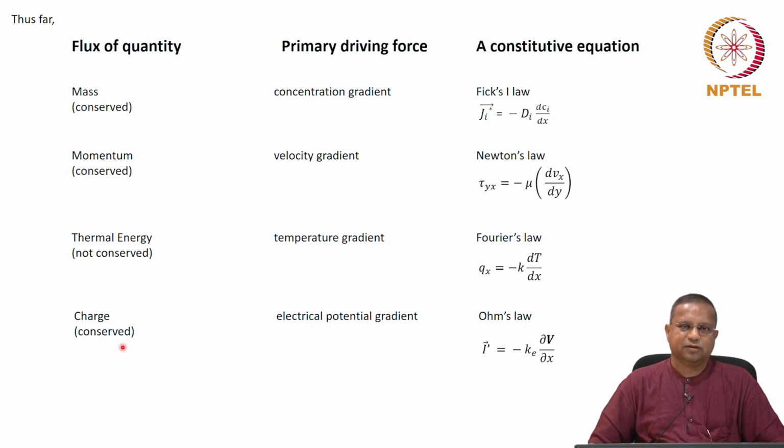And then, before this chapter, we looked at charge, which is a conserved quantity. The primary driving force was the electrical potential gradient, and the constitutive equation was Ohm's law, I dash equals minus k_e dV/dx. Potential gradient is the primary driving force associated with charge flux, and conductivity is the constant of proportionality.